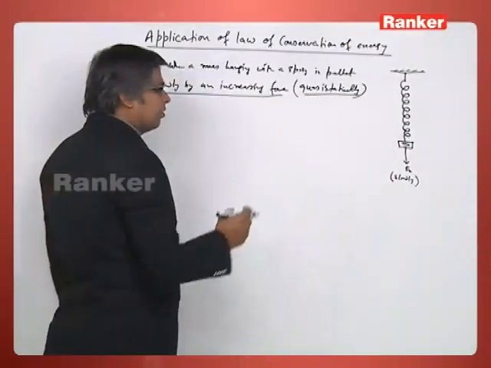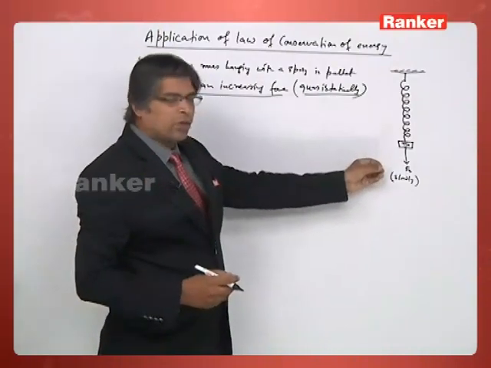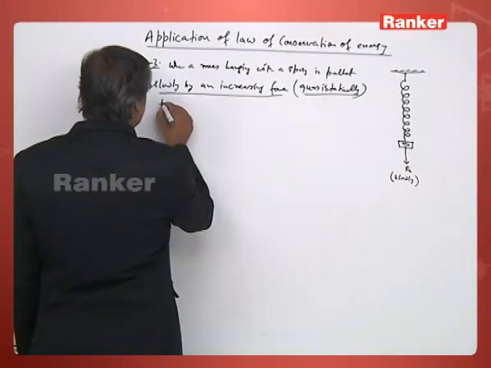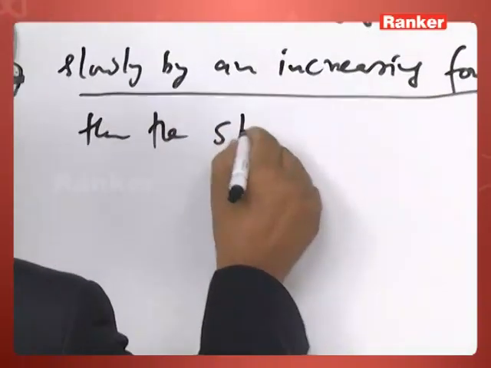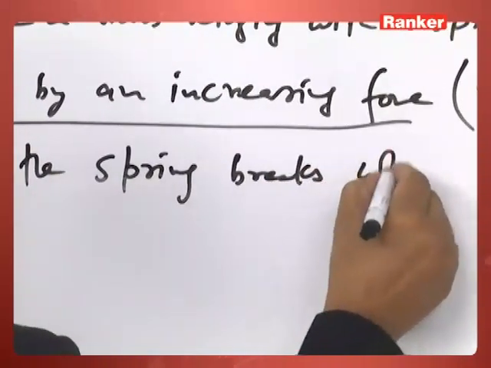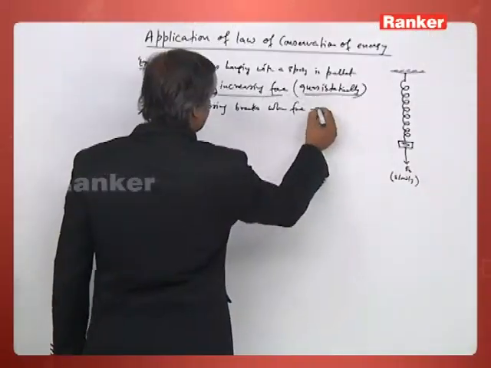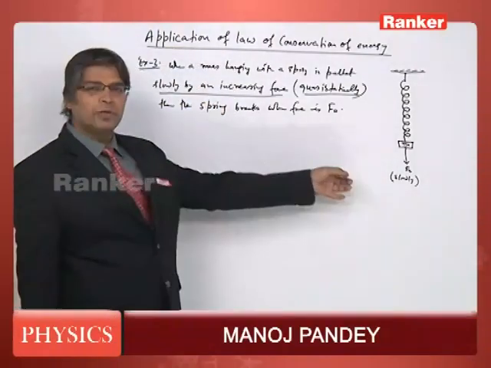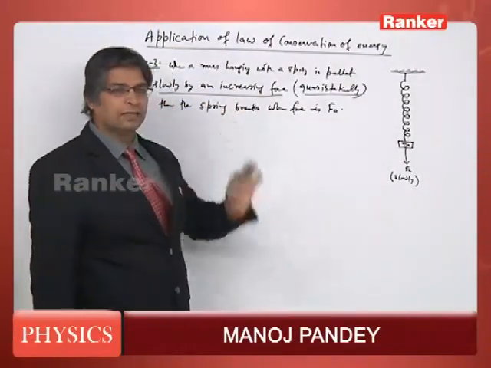That is slowly. If I move it slowly so that each time it is in equilibrium, then the spring breaks when the force is F naught. So when I reach my force up to the F naught value, then the spring breaks.